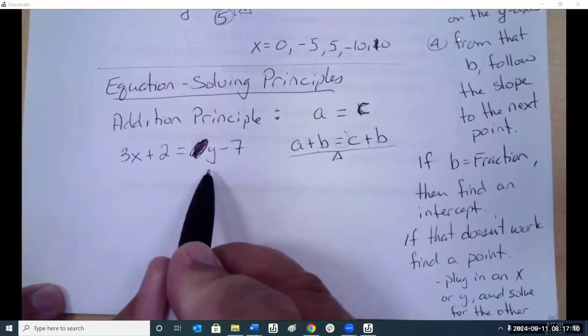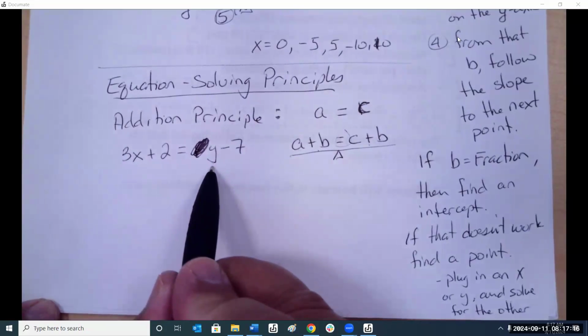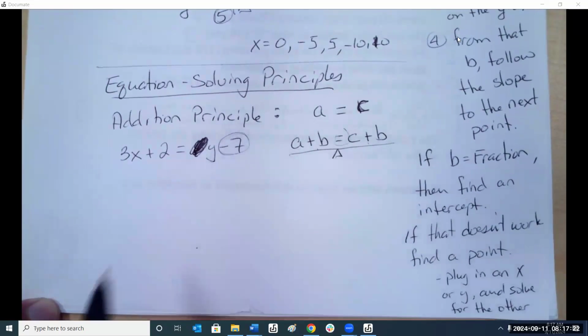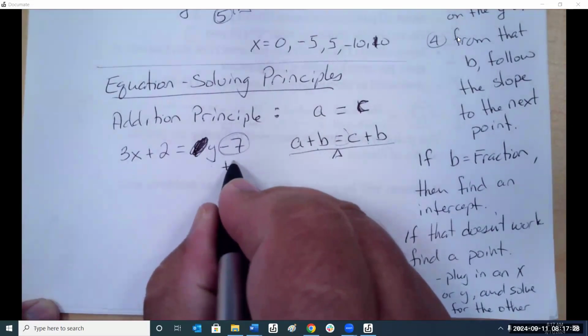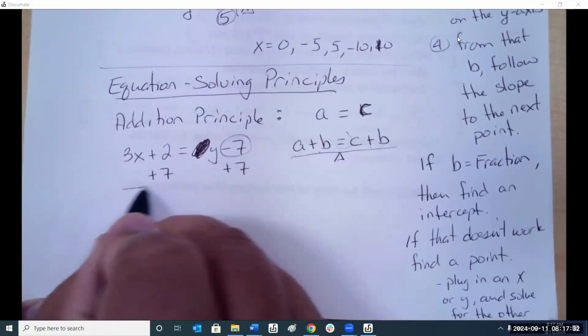To get y by itself, what do we have to get rid of? The negative 7. How do we get rid of negative 7? Add 7. Whatever we do to one side, we got to do it to the other side.